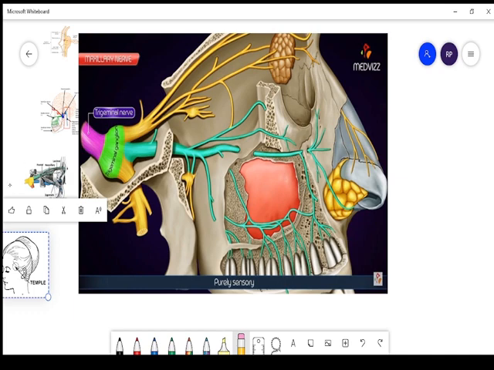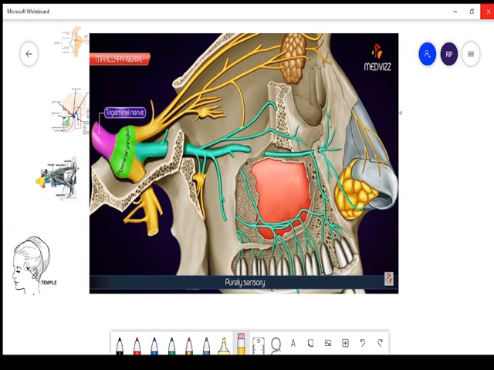The canal is sinuous. And then it divides into two. This is the dental branch and this is the nasal branch.